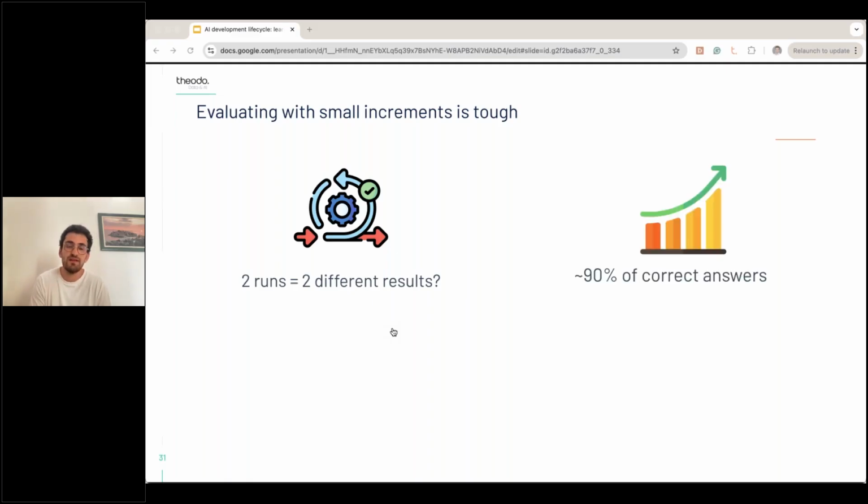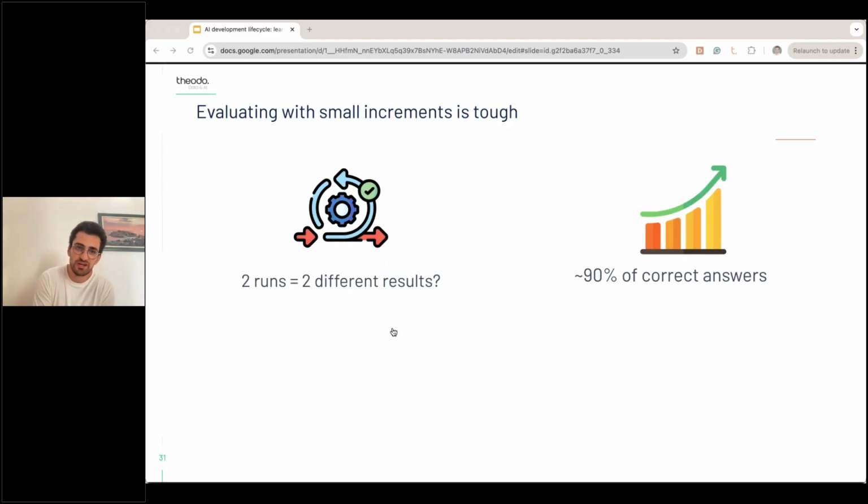It's not a problem when you have like 30% of good answers, because usually you do big steps of improvement. You improve 10% by 10%, and the increment is widely above the uncertainty bias.